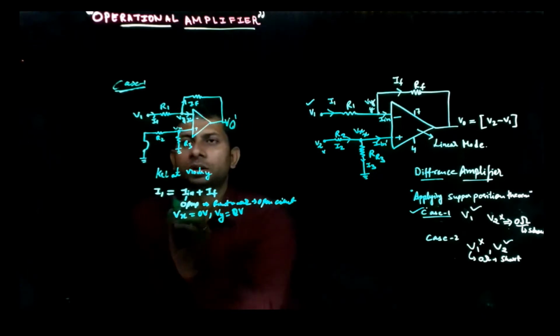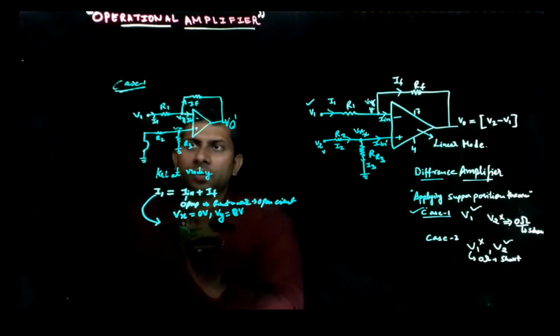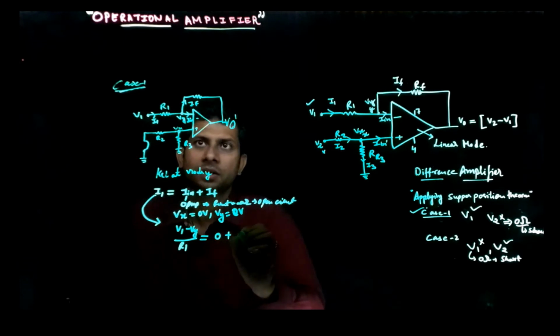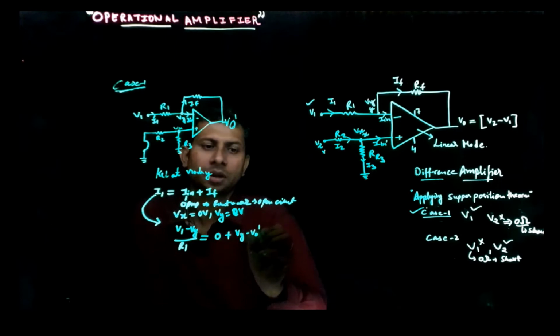Now applying nodal analysis, I1 is V1 minus Vy divided by R1, equal to In, which will be 0 ampere, plus IF, which will be Vy minus V0 dash divided by Rf.